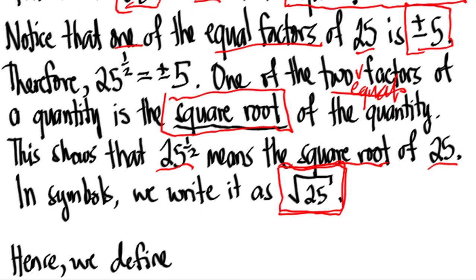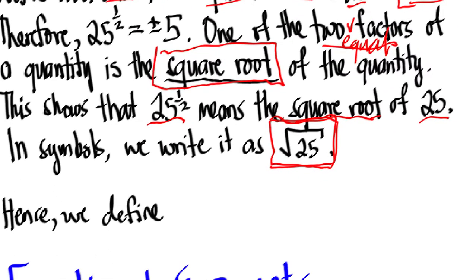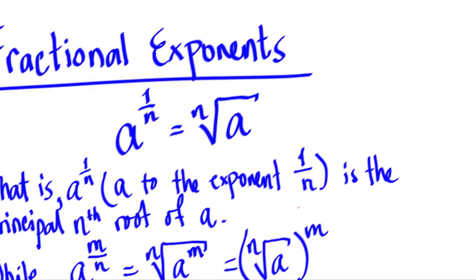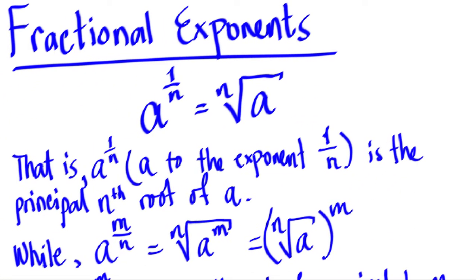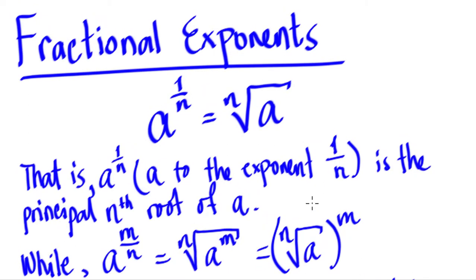So hence, we define formally that fractional exponents, which can be written as a raised to 1 over n, is equal to the nth root of a. So if we imagine a raised to 1 half, we're going to look at something like the square root of a.